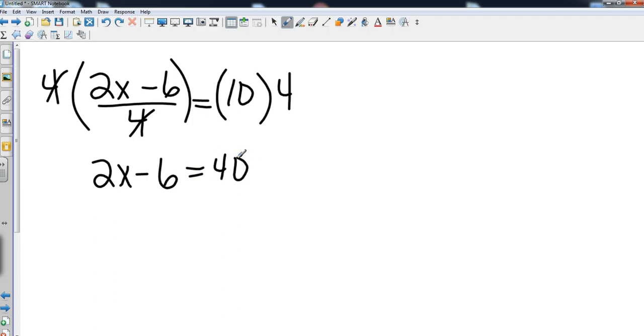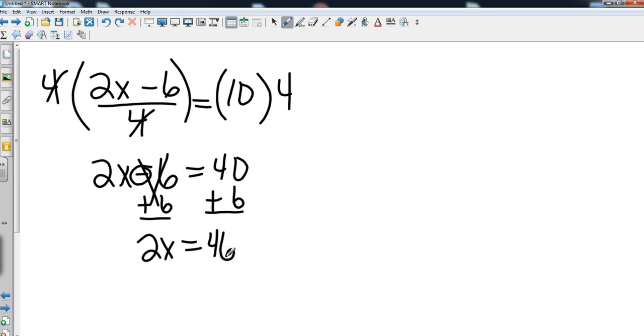Again, the 2 is connected to the x, so I'm getting it last. The opposite operation of subtraction is addition. So that gives me 2x, after those cancel, equals 46. Divide both sides by 2. And x is going to end up being 23.